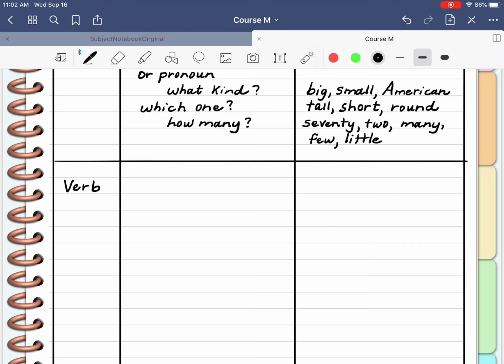You can use a noun or a pronoun, but you have to have a verb in your sentences. So verbs are very important. And verbs do two things. They express action or state of being.